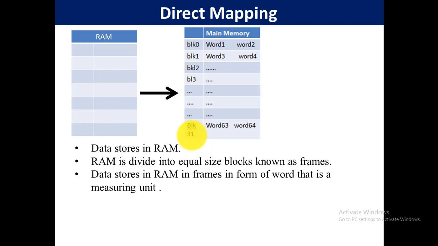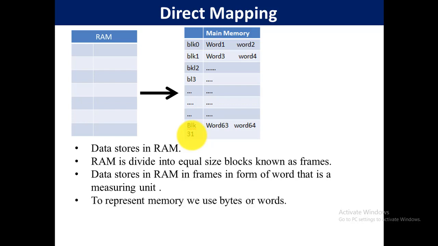We measure the memory in bytes. We know that. But in computer architecture terms, we use the term word to measure the RAM memory. So, as you can see in the given slide, we have 64 words. It means the main memory, the physical memory, the RAM space is 64 words.